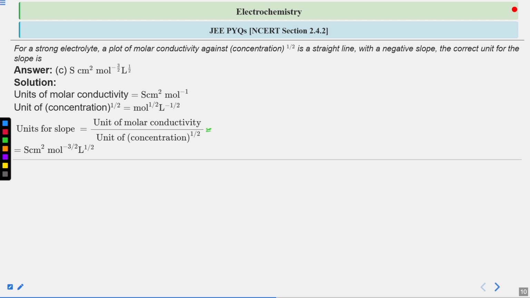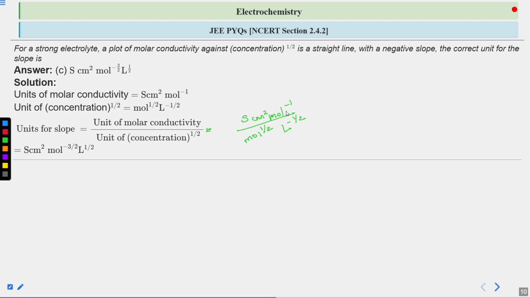So the unit of molar conductivity we know is Siemens centimeter square mole inverse, divided by the unit of the concentration to the power half. The half power concentration will be mole to the power half, liter to the power minus half, right?